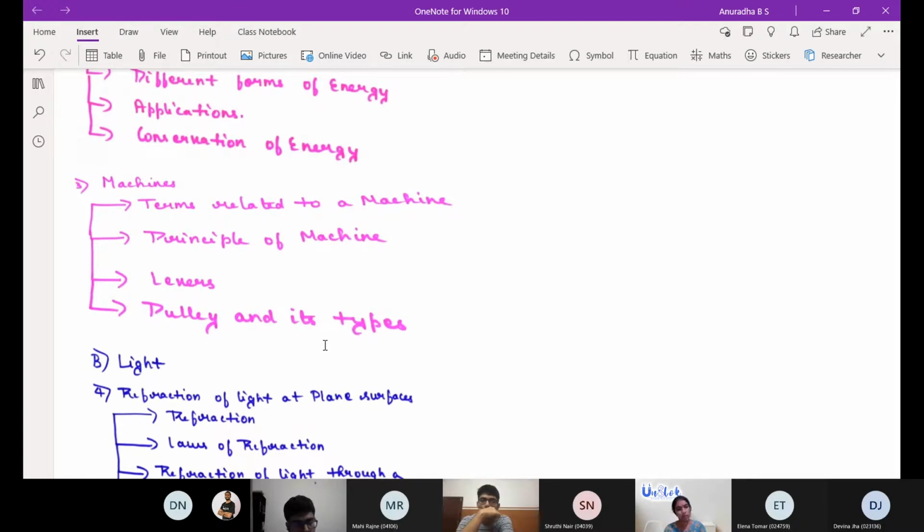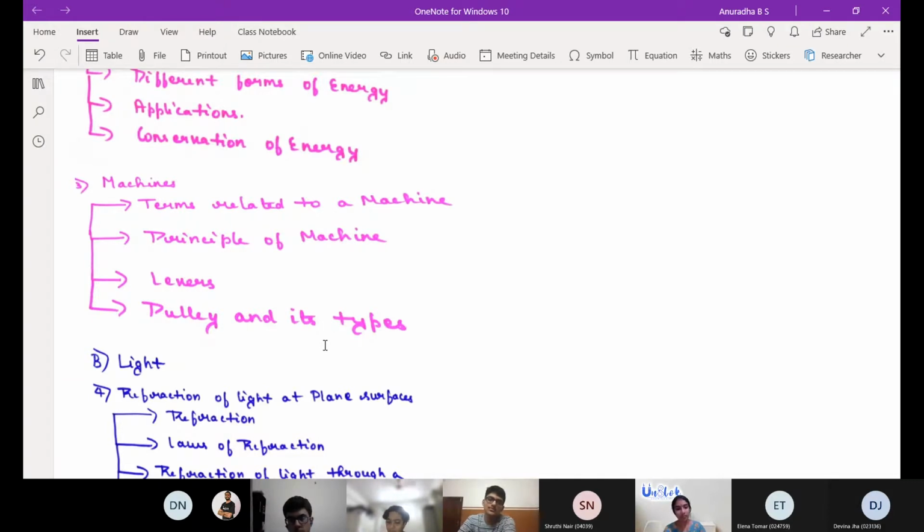And pulleys and their types. Pulleys are nothing but, you'd have seen a well. They tie a rope with a bucket, and then they take out the water. Have you guys seen it? These days it is not used, but in olden days they used to use that. Pulleys are basically used to lift heavy loads.